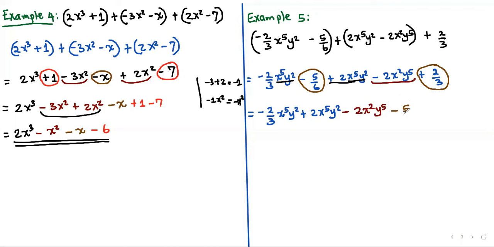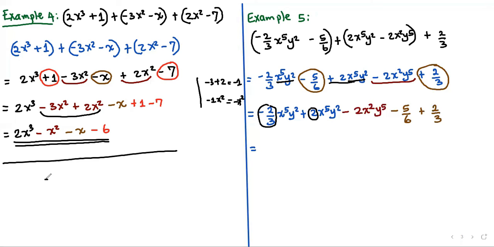Minus 5 out of 6 plus 2 out of 3. Okay. So now what we are going to do, we need to know what is negative 2 out of 3 plus 2. We need to know this plus this. Okay, so let's do it aside and see what we get.